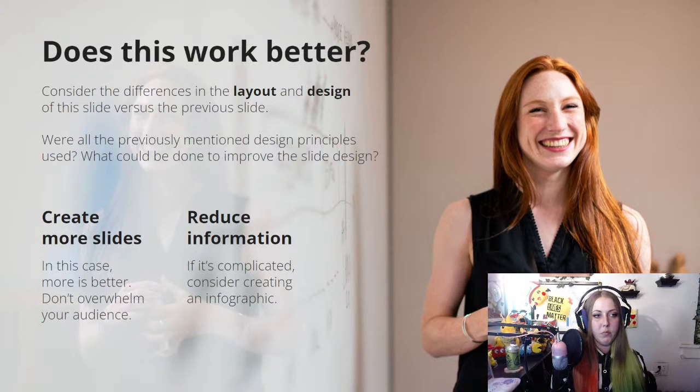Okay, so what it could be instead. That's a really great question, Rosa, and I'll circle back to that here very shortly. So here is the same idea of information, but the information is reduced. And instead of working with the bulleted lists, the information is put into these boxed bits of information instead.